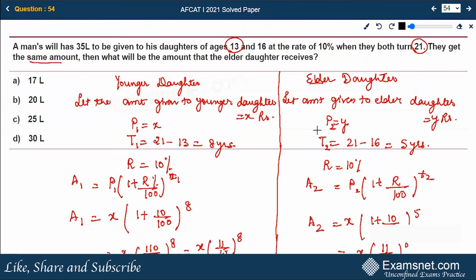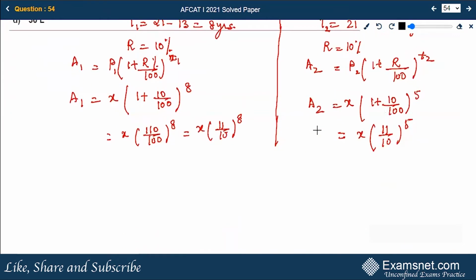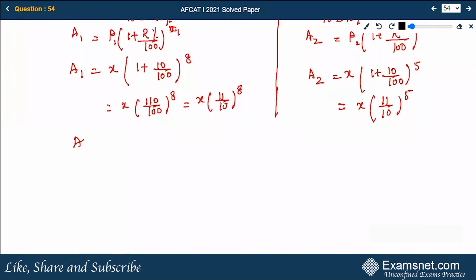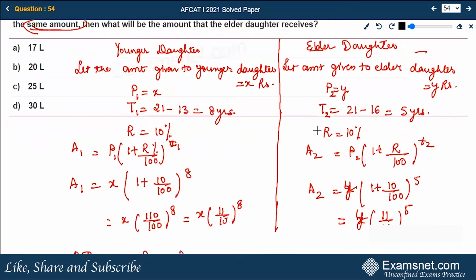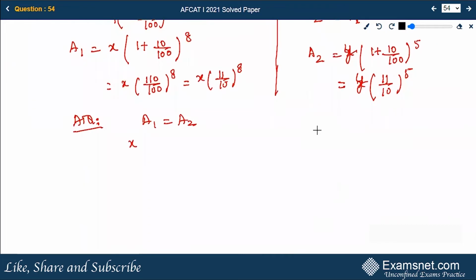Now in the question, it has already said that they will receive the same amount after 21 years. So that means, according to the question, A1 and A2 are equal. So sorry, here was supposed to be Y, not X, because the principal in the elder daughter case, we took as Y. So this is X into (11 upon 10) raised to power 8 is equal to Y into (11 upon 10) raised to power 5.